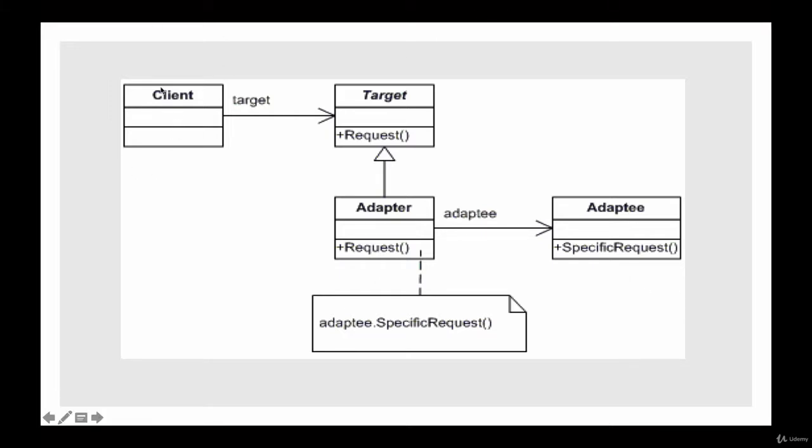As you see, you have a client which is always targeting an object which is of type target, and there is a request method in that object which client is accessing. So let's say you have one more class which has also a similar kind of behavior but not the interface.